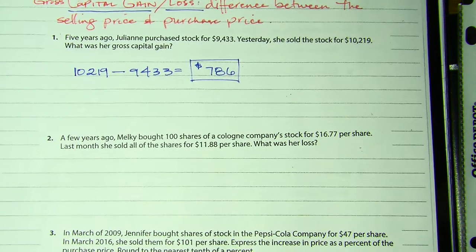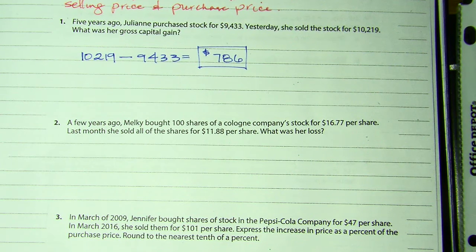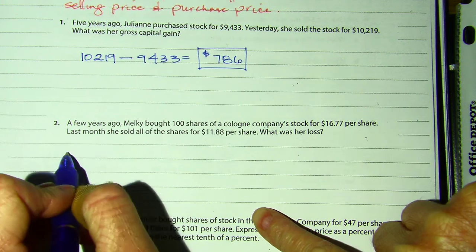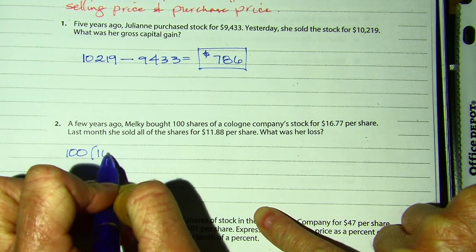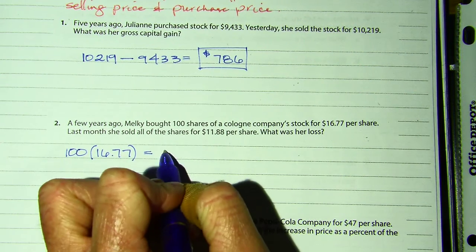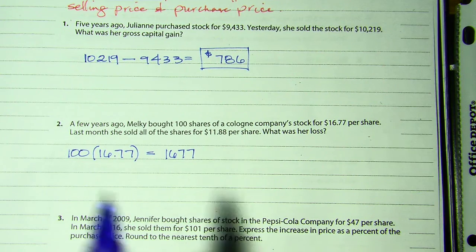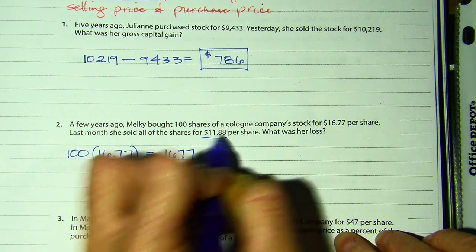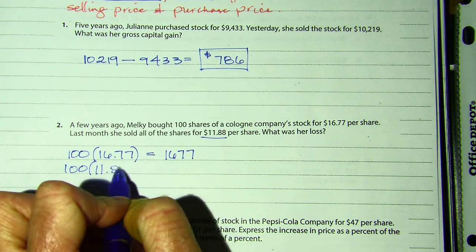Next one. A few years ago, Melky, it's a weird name, bought 100 shares of a Colognes company stock for $16.77. So first let's figure out how much she paid in total. So she bought 100 at $16.77. So if you multiply that out, you should get $1,677. Okay, so that's what she purchased it for. Last month, she sold it for $11.88. So let's look at how much she sold it for.